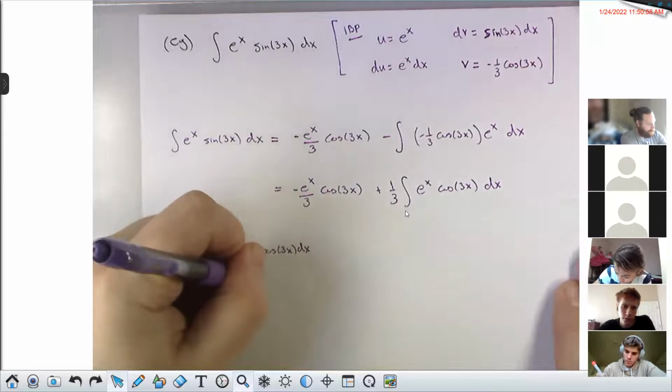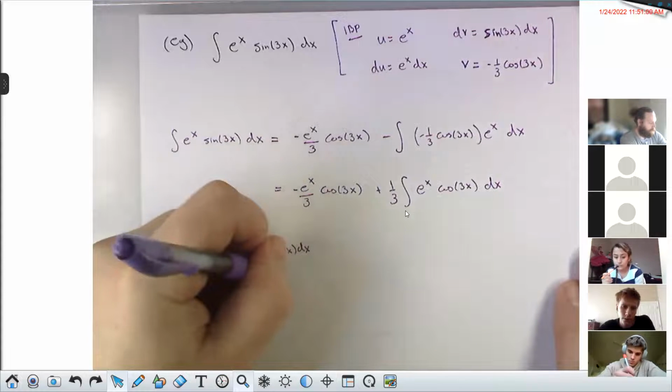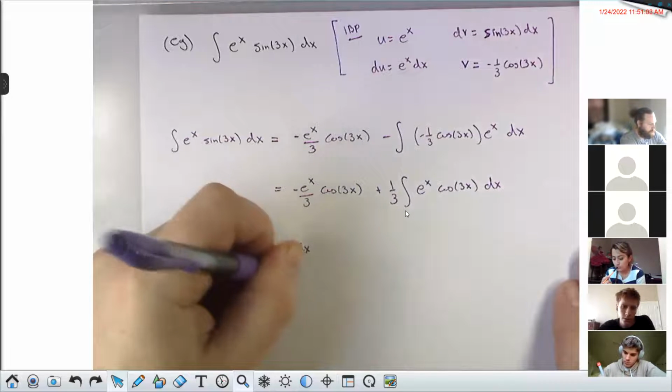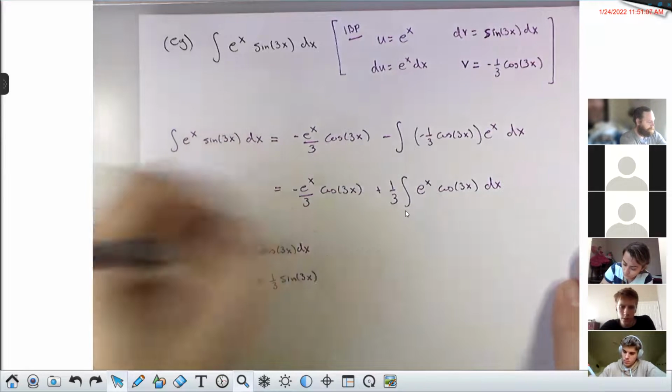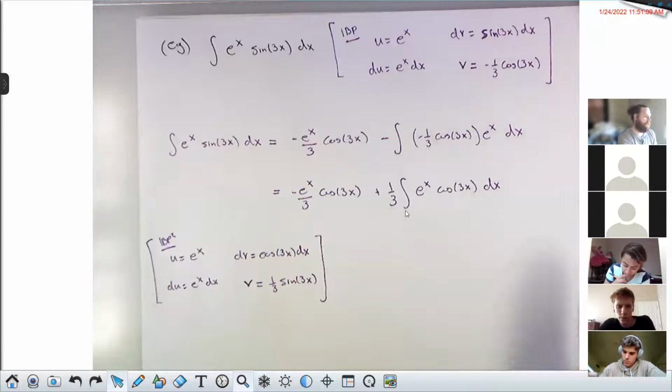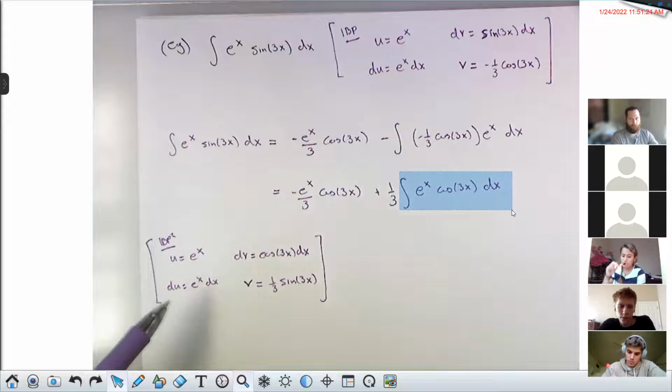And v, this time I will not write the steps for the micro u-sub. The antiderivative for cos 3x is 1/3 sine of 3x. So that's what this integral is going to be replaced by, the IBP stuff from this second table here.